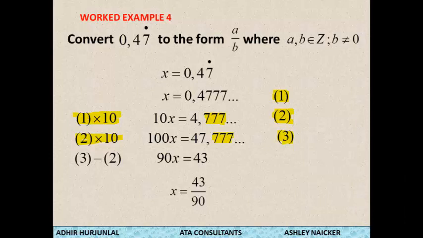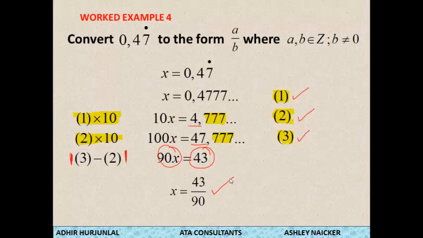Now one more time, guys, on this example, why I like this example. Remember, equation number 1 is fine. Multiply by 10 to get equation number 2. I'm happy with that. Multiply by 10 to get equation number 3. I'm happy with that. But now this is the key point here. 3 minus 2. 100 minus 10 is 90. 47 minus 4 gives me this 43.